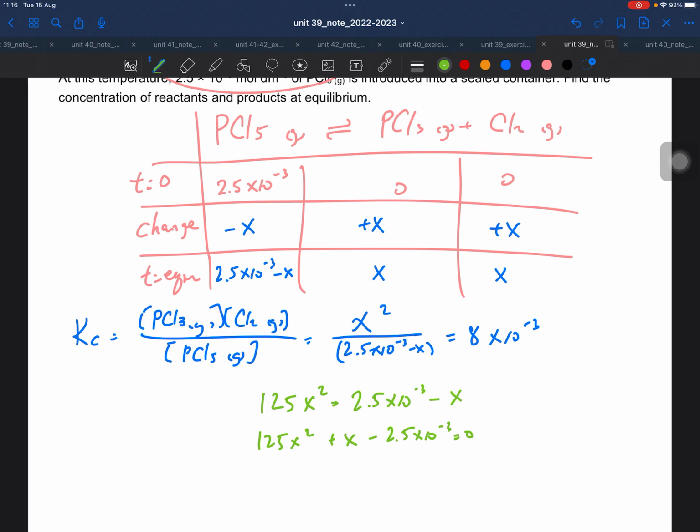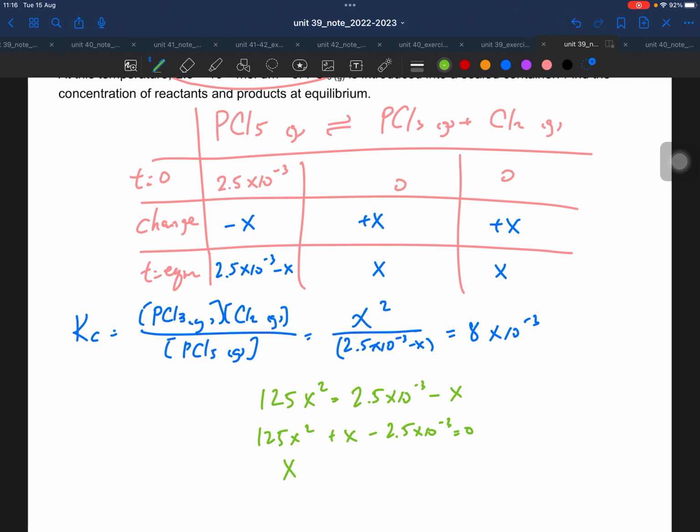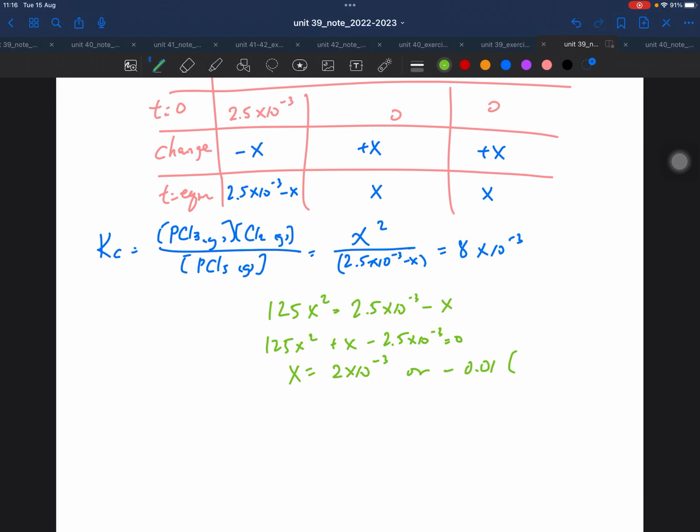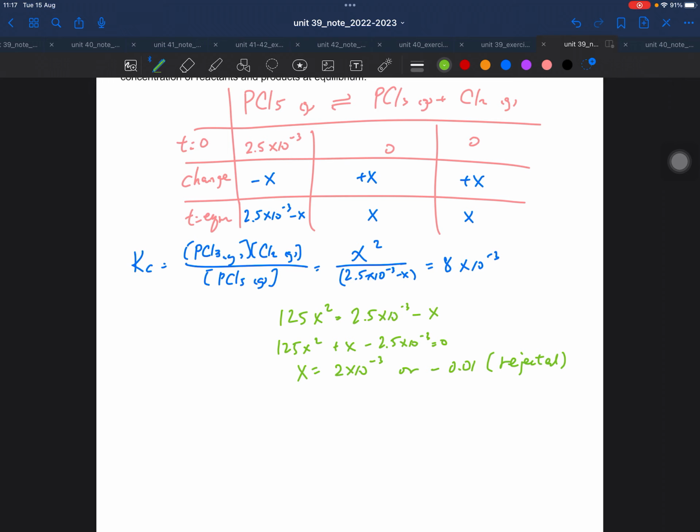And quadratic equation again. x equals 2 times minus 3, or minus, so there's no point for x to be a negative value. Reject it. And again, don't be happy, you haven't finished your job.